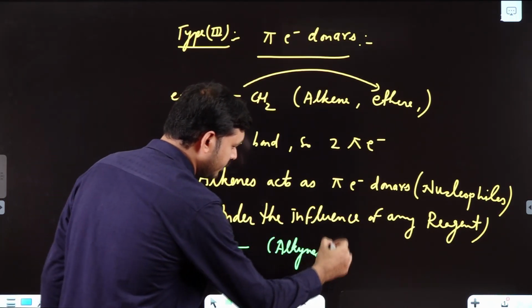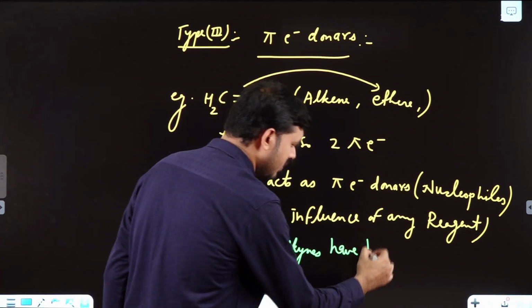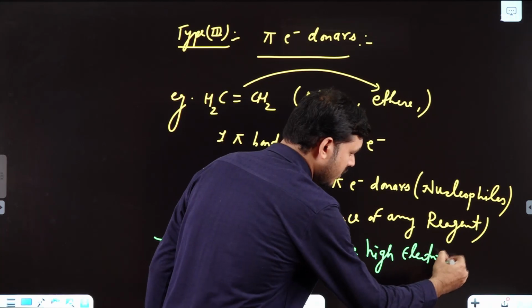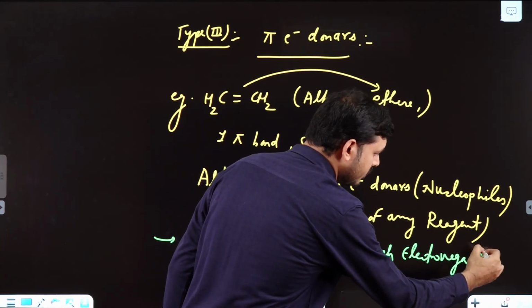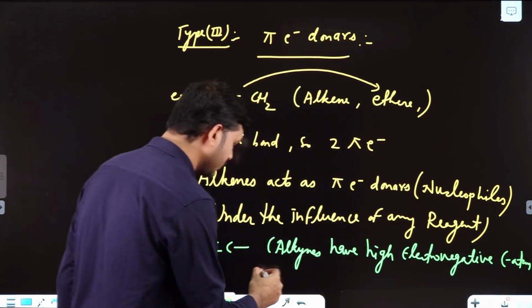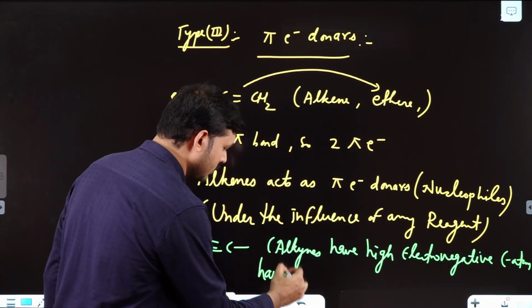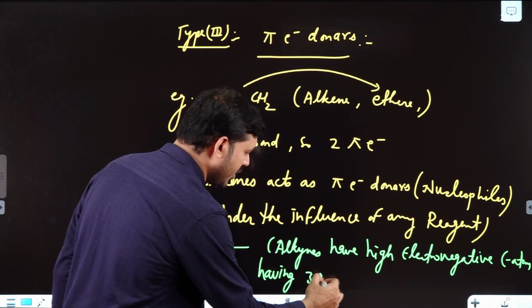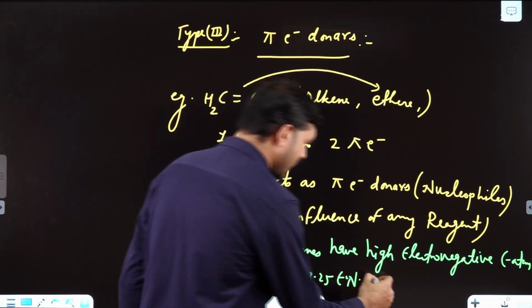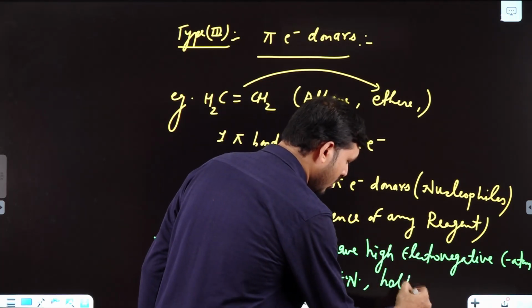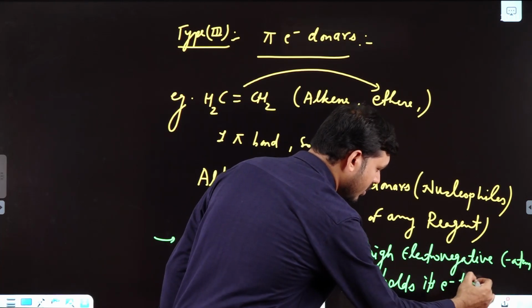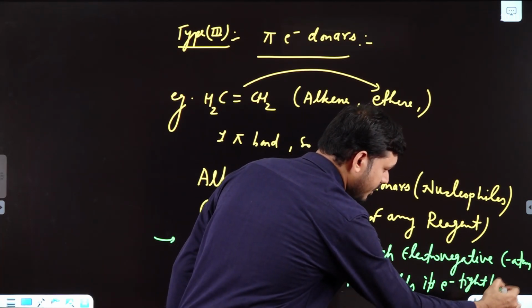Alkynes have high electronegative carbon atoms, having 3.25 electronegativity value, and they hold their electrons tightly.